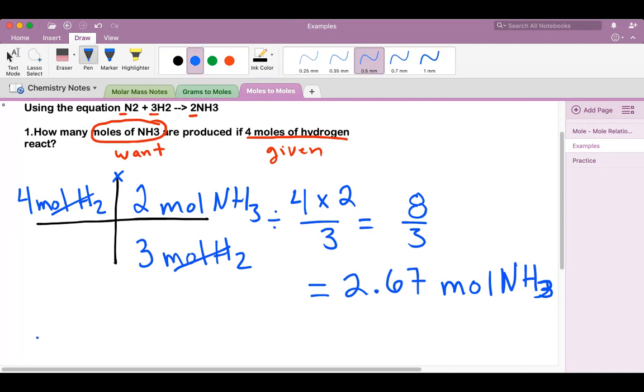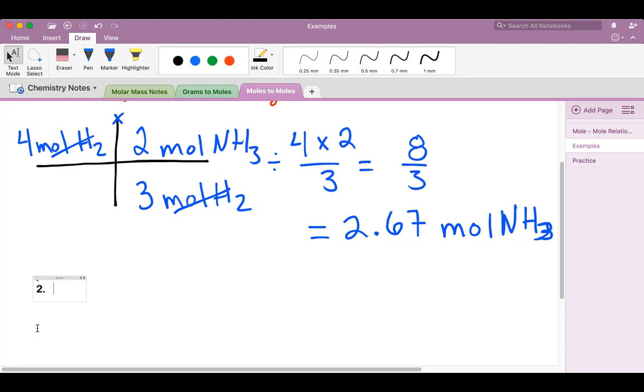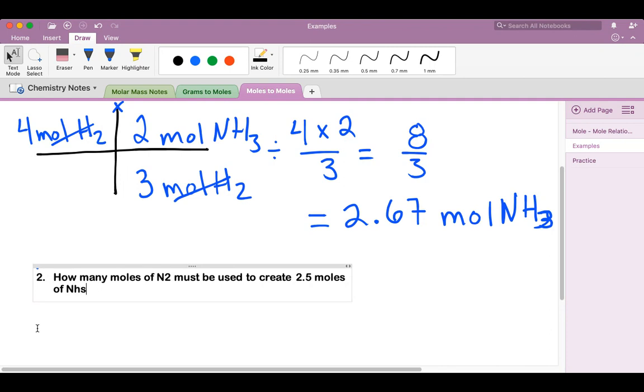Let's do another one. We're going to use the same equation. N2 plus 3H2 gives 2NH3. For this one, we'll say how many moles of N2 must be used to create 2.5 moles of NH3.